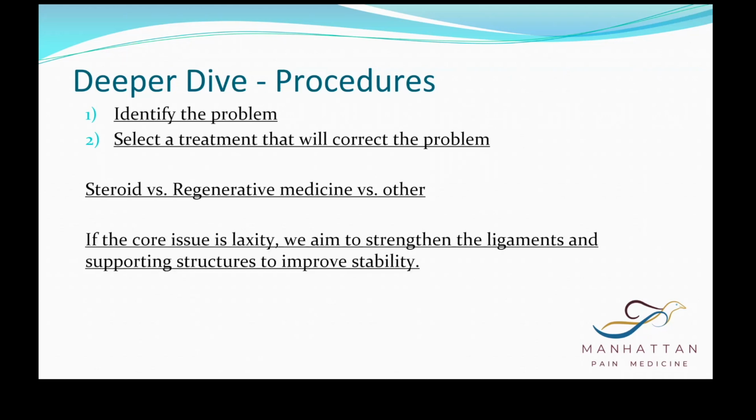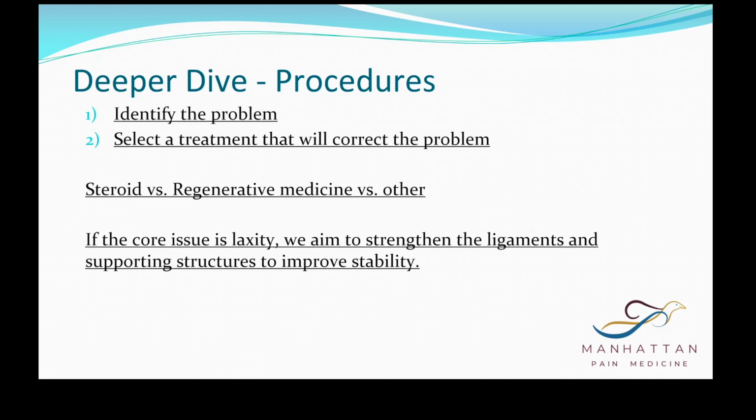It's always a process. So again, if the core issue is laxity, we want to strengthen the ligaments and the supporting structures to improve stability. If the laxity is not treated, no amount of muscle coordination and strengthening is going to compensate for that laxity, because the core issue of the laxity will catch the patient when they're not guarding, when they're sleeping, when something else is happening.